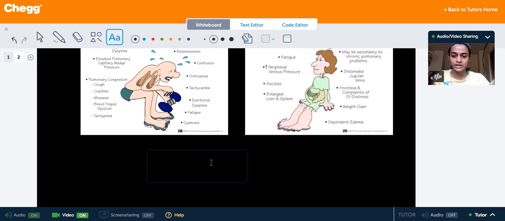So Cor Pulmonale is basically a specific type of right heart failure that occurs secondary to a primary disease process occurring in the lungs. So when you have left heart failure and that subsequently leads to right heart failure, that's not Cor Pulmonale. Cor Pulmonale is a specific type of right heart failure.